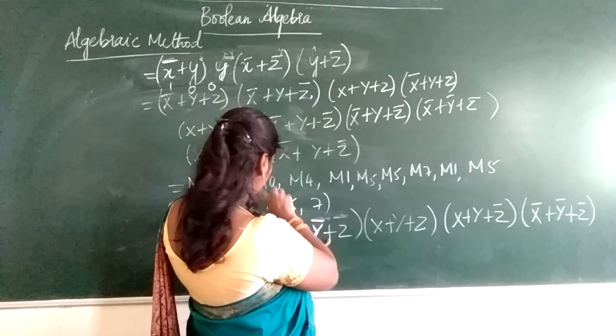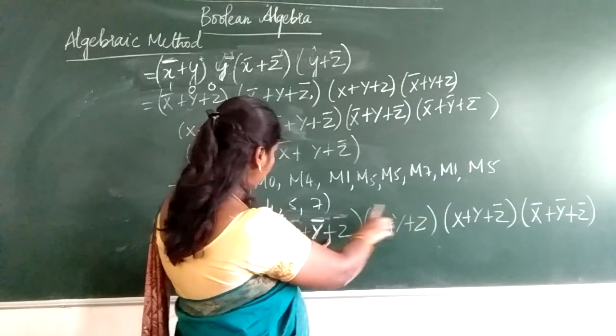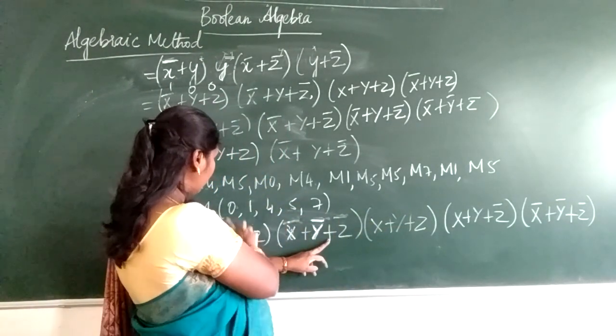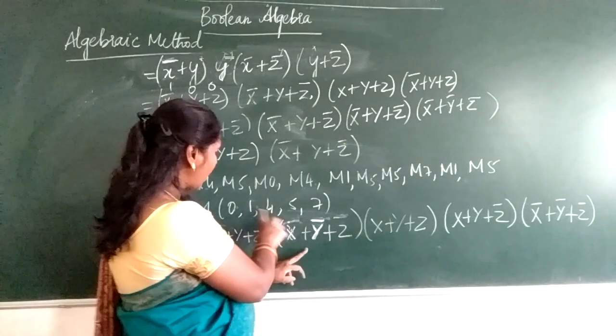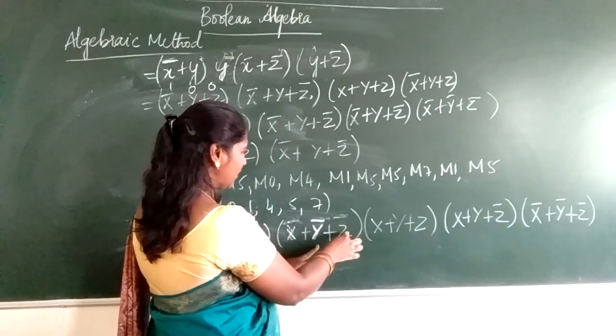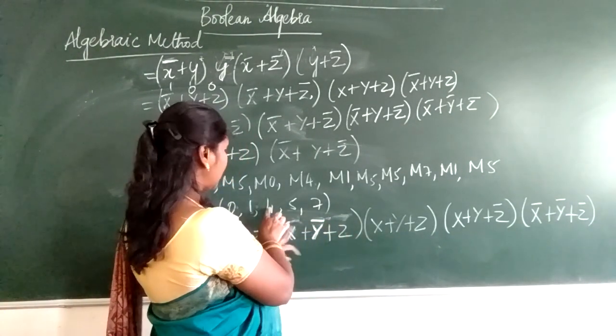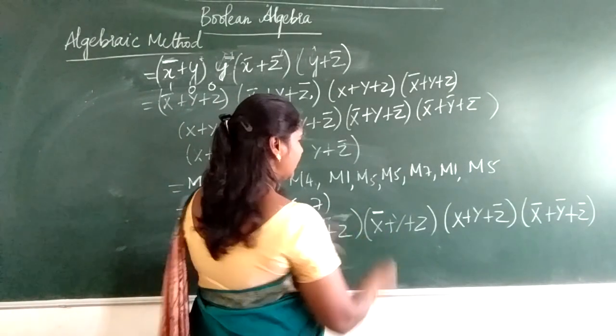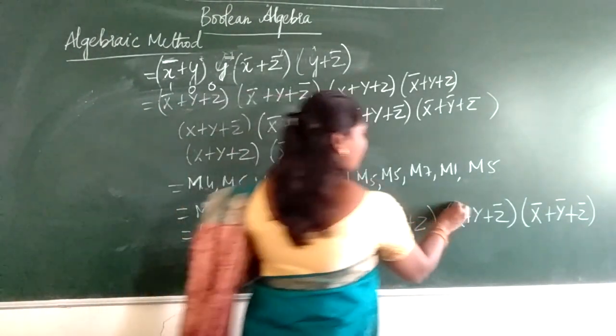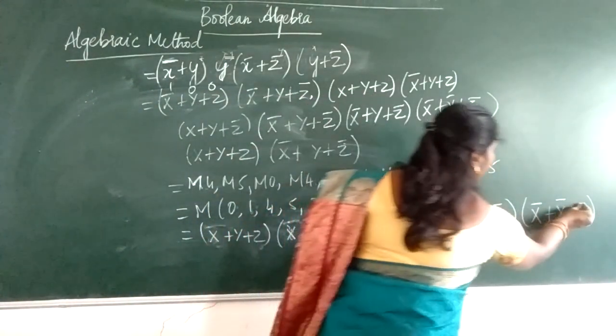See, I have written according to the numbers, but it is being rearranged alternatively. So for 0 I have written every number. For 1, only 1 has been highlighted. Other things are as it is. Next for 4, it is bar x, y, z. 5 bar. For 7, everything bar.